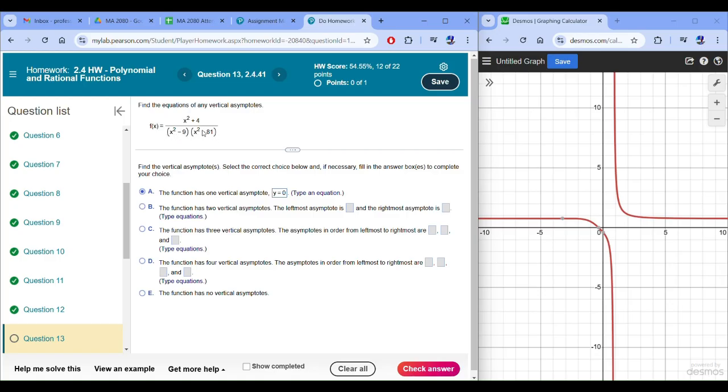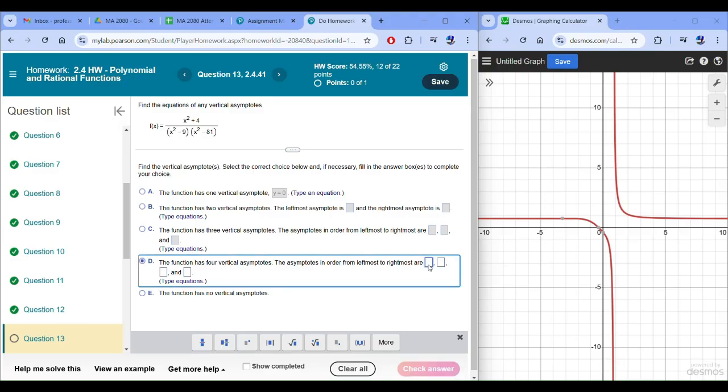Is there a horizontal? No, but there is a vertical. Positive 3, negative 3, positive 9, negative 9. There are 4. Negative 9, negative 3, positive 3, and positive 9.